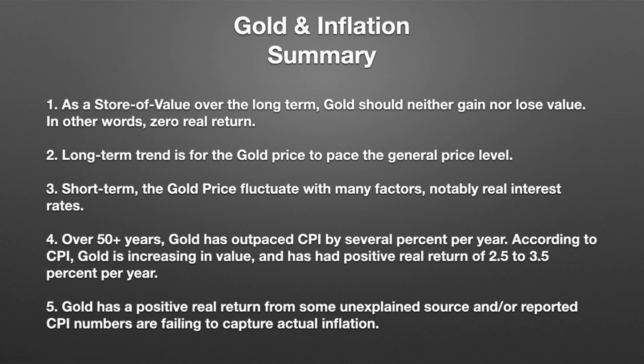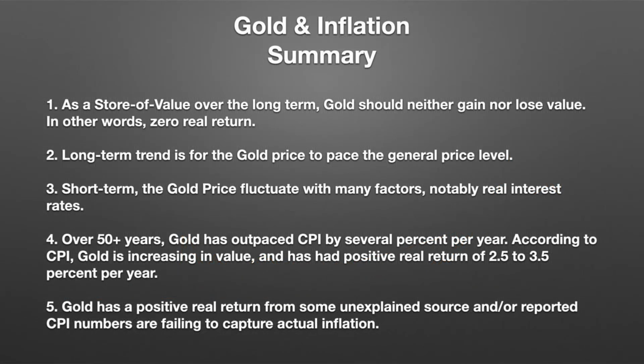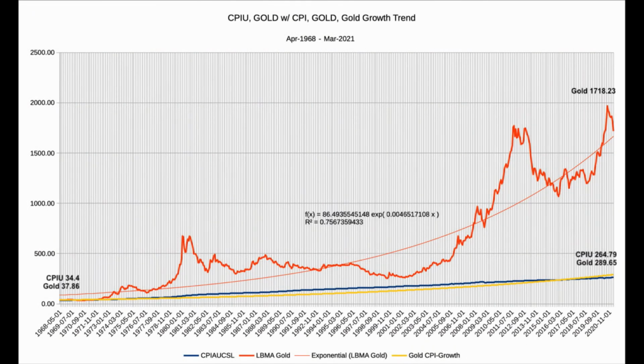So it seems like the long-term trend is for gold prices to just pace the general price level. And again, I'll just show you that chart here. To me, the thin red line there is kind of the trend line. That's the long-term trend on the price of gold that we're following here. But in the short term, the gold price fluctuates with many factors, noticeably the real interest rates. And again, you can see that it does fluctuate quite a bit.